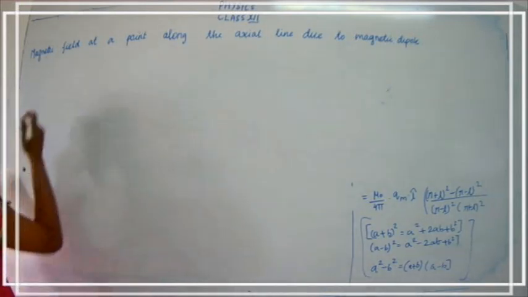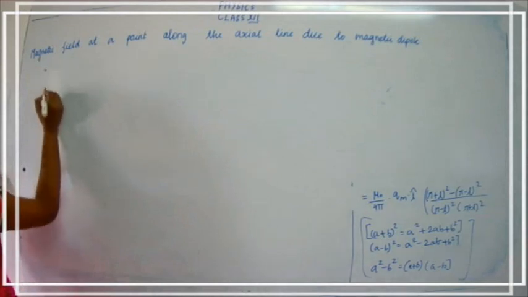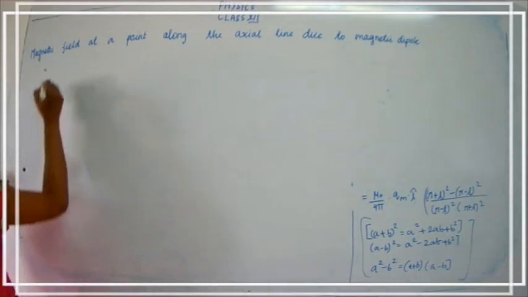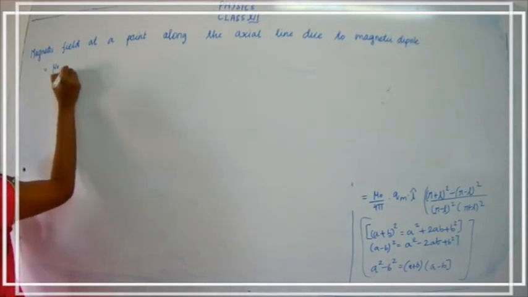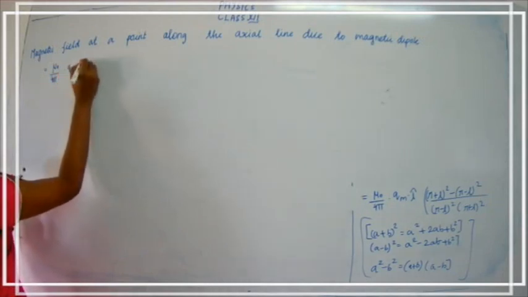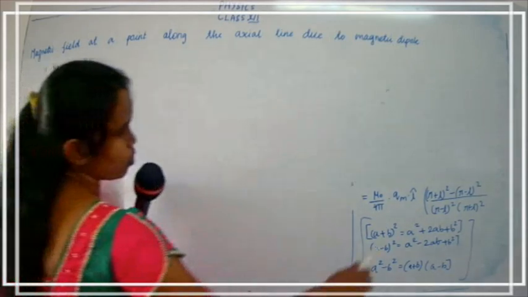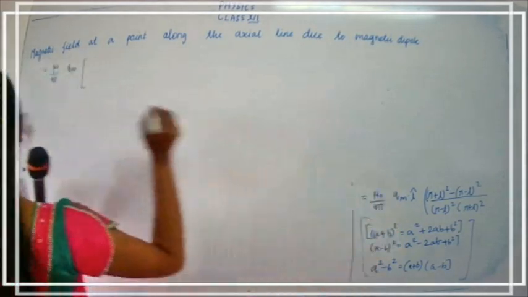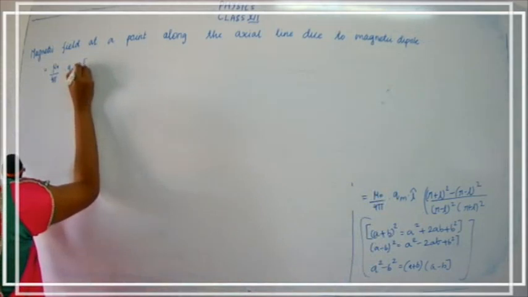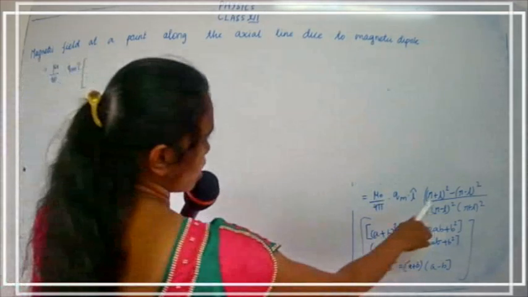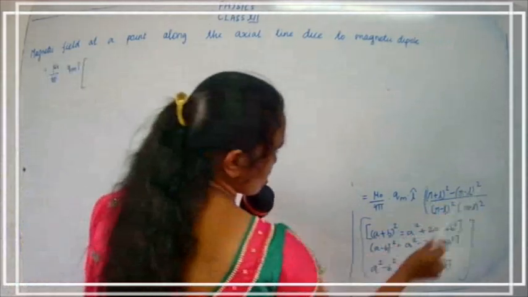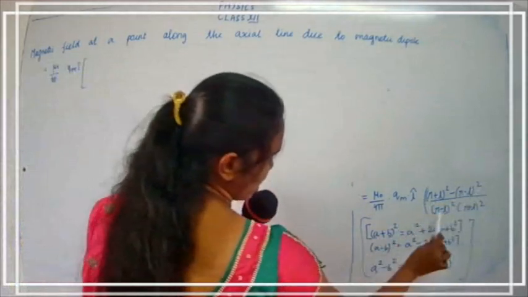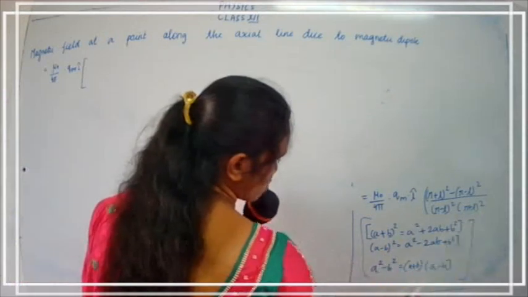Now you apply. So mu naught by 4 pi Qm i cap. Now r plus L the whole square, apply in this formula, r minus L the whole square, apply in this formula, and r minus L the whole square into r plus L the whole square, in this formula.